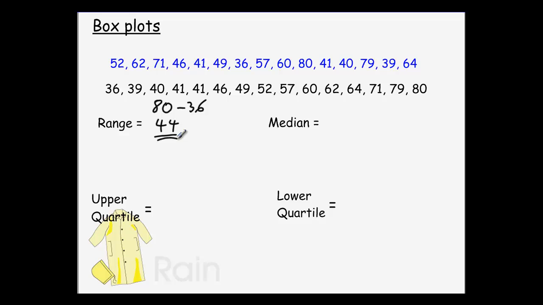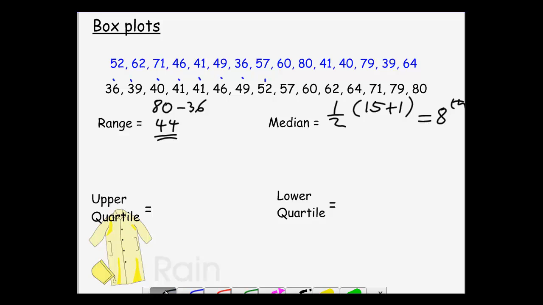Well, we know there's 15 pieces of data, so we want to find half of 15 plus 1. Well, 15 plus 1 is 16, half of it is 8, so we want the 8th piece of data. So counting in from one end, 1, 2, 3, 4, 5, 6, 7, 8, we find the median is 52.